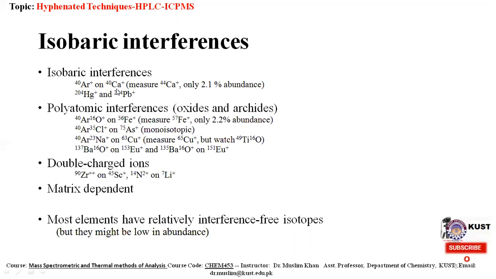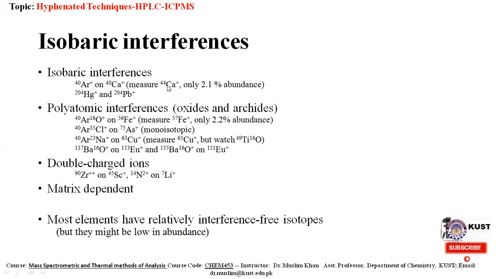Interfere means you don't know whether this signal is due to the calcium or whether this signal is due to the argon. These two are different elements but having the same mass number. So this is known as isobaric interference. To correct this, you have to measure calcium 44.